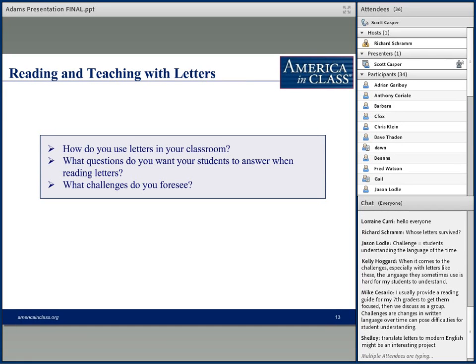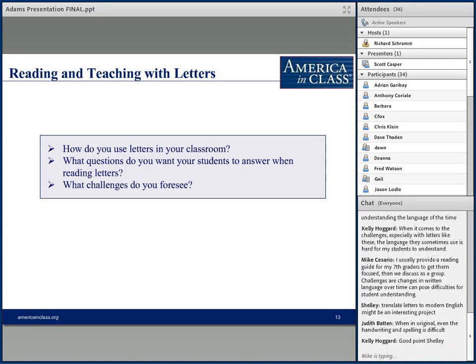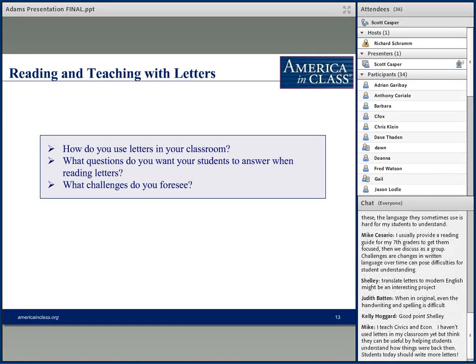As teachers, part of what we can do is think in advance, obviously, about what words would be difficult, what ideas and phrases would be difficult, even excerpting, figuring out which sentences we really want students to focus on, because a letter can be long, and that just makes it more difficult to know exactly what we think is important. So a reading guide is very useful.